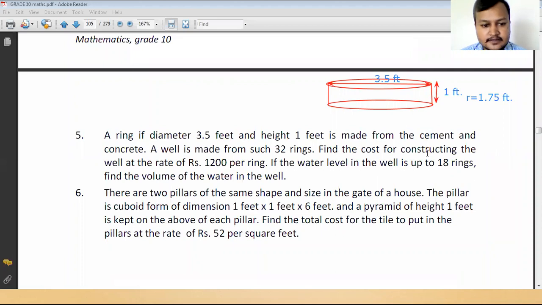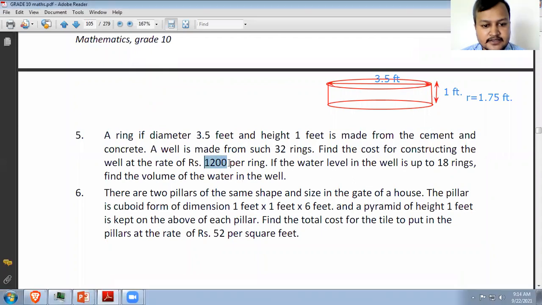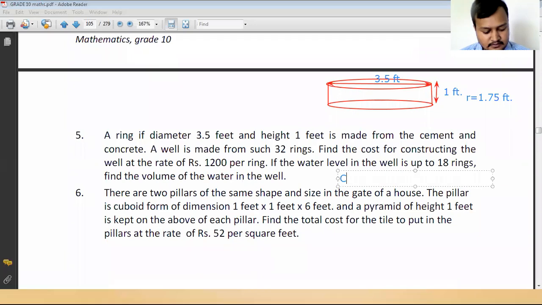And question is find the cost of constructing well at the rate of 1200 per ring. So there is no problem. We don't have to calculate anything. Just 32 rings are there, and cost of one ring is 1200. That means total cost is equal to 32 into 1200, because there are total 32 rings and cost of one ring is 1200.